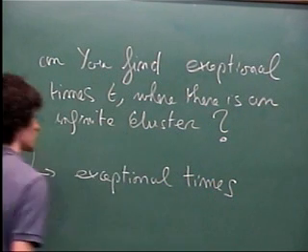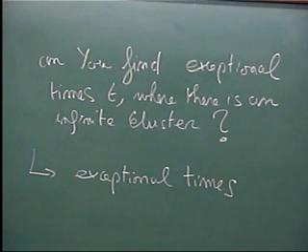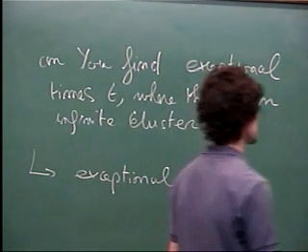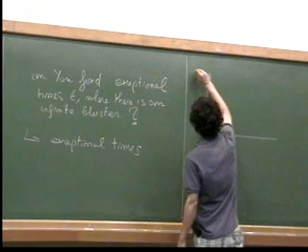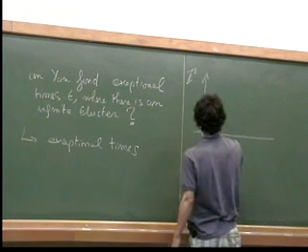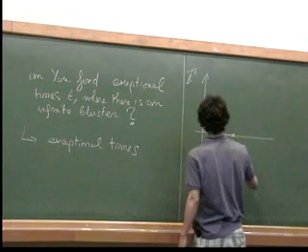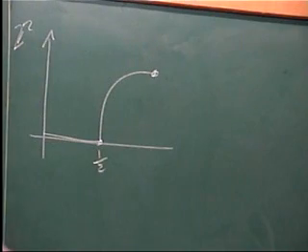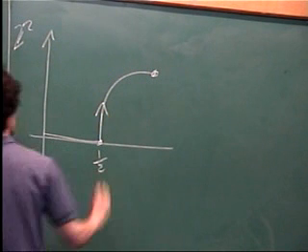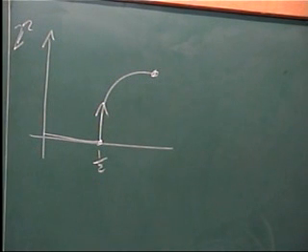Because as you know, the probability of having an infinite cluster at the site 0, say, in Z2 or in the triangular lattice, it's something like this, right, with some infinite derivative here, but continuous. And therefore, almost surely there is no infinite cluster, right?